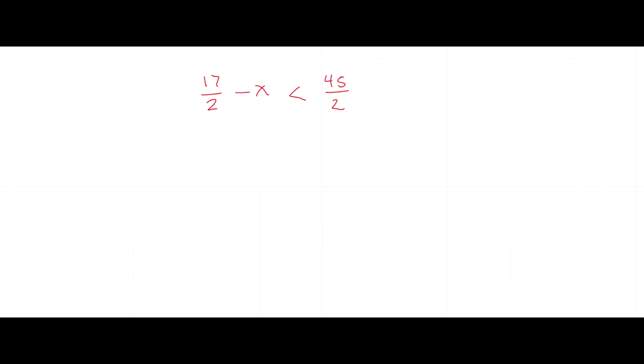Now, you always focus where the variable is located. The variable is right here, okay? So therefore, we're gonna cancel this one right there. The number doesn't have a sign. Since you don't have a sign, you know already that this number is a positive number. Therefore, we are going to subtract this fraction from both sides of the equation, okay?